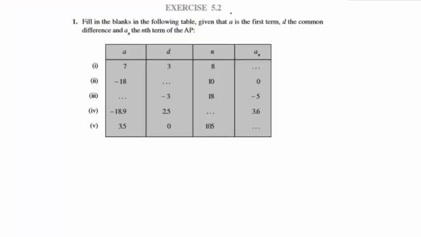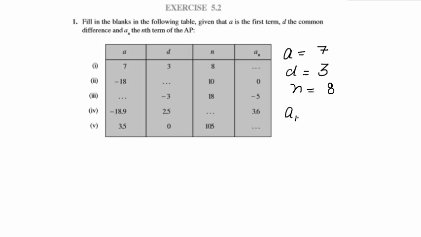Our first question of exercise 5.2 is, we have given A, D, n, find the nth term, where n is 8. So in the first part of the first question we have to find the nth term, that is the 8th term. Here A is 7, D is 3 and n is 8.